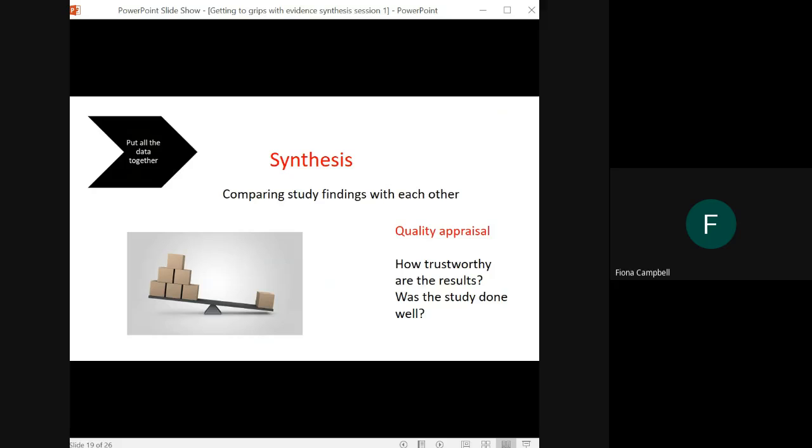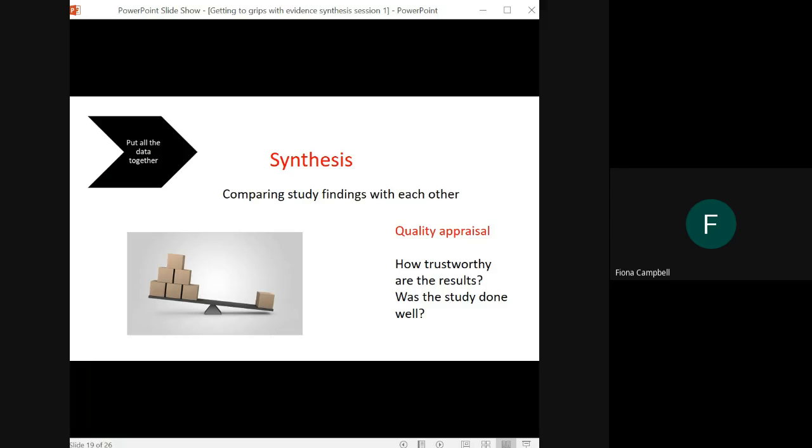Yeah, very happy to. So a really important part of the synthesis process is where we do a quality appraisal of the individual studies that we're including. If you imagine that a synthesis is a little bit like a fruit smoothie, and you're putting your beautiful strawberries into your smoothie, if you chuck in a few rotten ones, you'll spoil the whole smoothie.